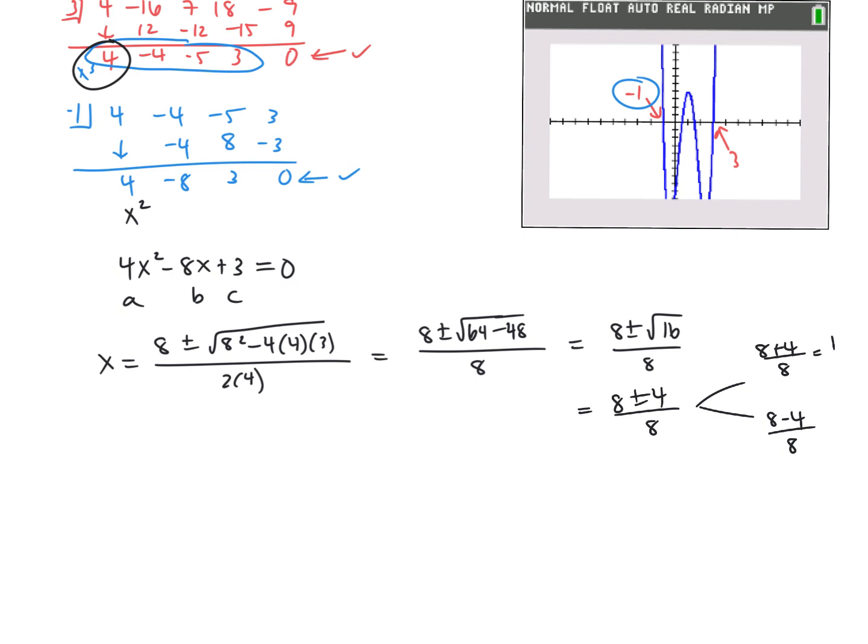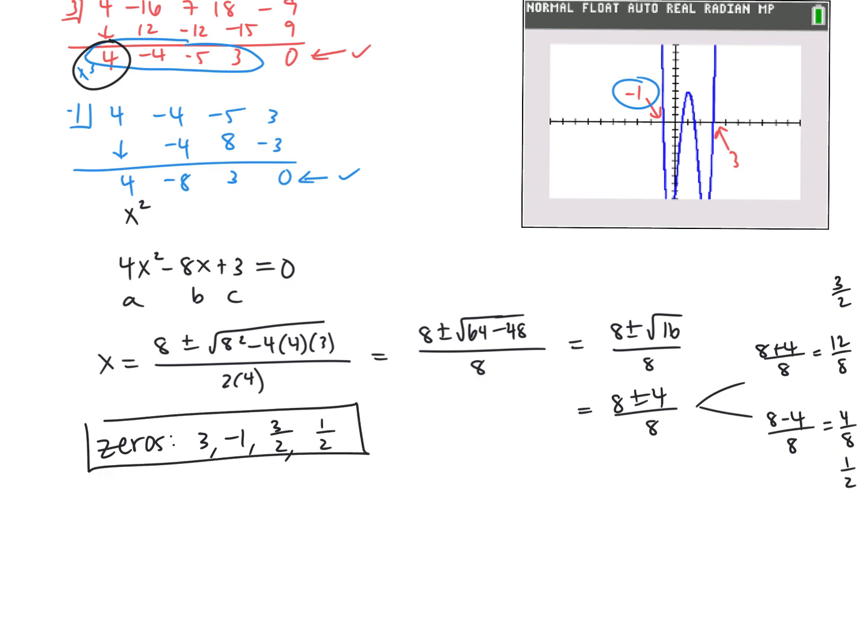The first one is 12 over 8, which simplifies, if I divide by 4, to 3/2. And this is 4 over 8, which simplifies to 1/2. So our zeros then are 3, -1, 3/2, and 1/2. And again, if she wanted you to write them as x-intercepts specifically, they'd have to be written as points.